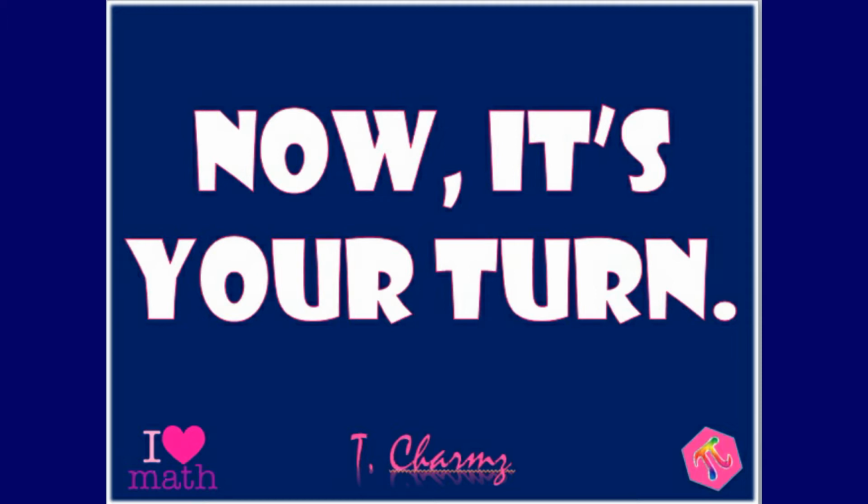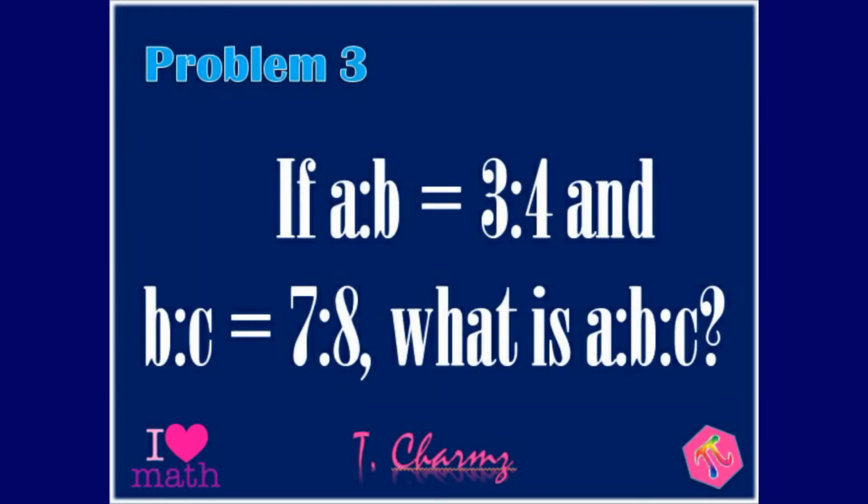I will give you 20 seconds to answer, but if you think the time is not enough, you can simply pause each problem. If A is to B is equal to 3 is to 4 and B is to C is equal to 7 is to 8, what is A is to B is to C? The timer starts now.